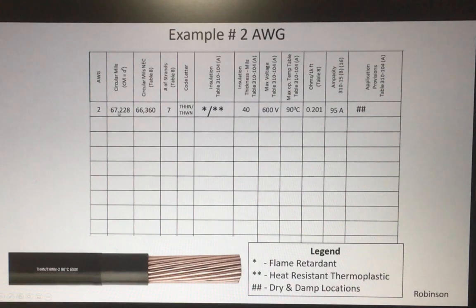Obviously, we didn't calculate the circular mils because I don't expect you to buy a $100 micrometer and then buy all the wire. So we'll just get the circular mils out of our code book, table 8. Number of strands, letter code, there's your provision, there's the legend down at the bottom. So if you're going to abbreviate something with symbols, make sure that you have a legend that tells me what those symbols mean.